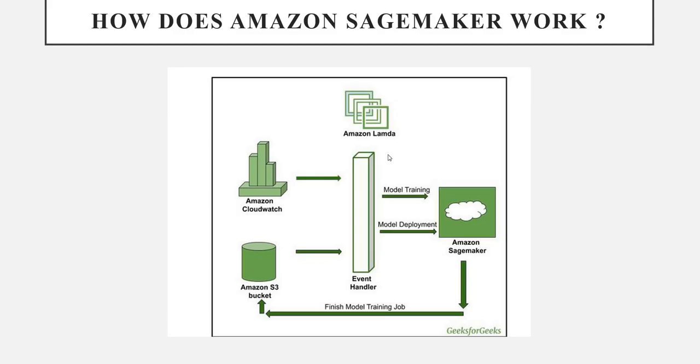The event handler triggers the model training. Once the training and deployment are done in the event handler, it moves to Amazon SageMaker, which gives the finished model training job.